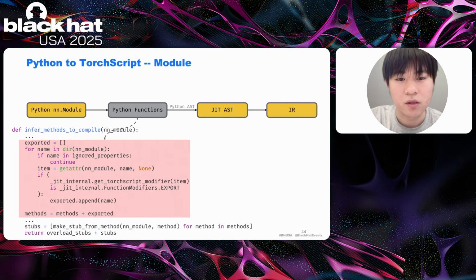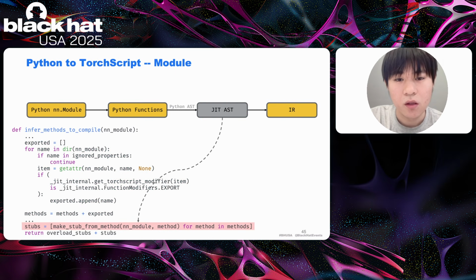After filtering, it saves the methods that need to be exported, thereby collecting all functions in the model that require compilation. Make stop from method converts the collected functions into JIT_AST using the getJIT_def function, which is the same one used during function compilation.